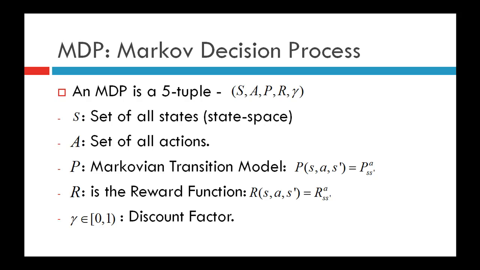R is a reward function whose components R(s, a, s') give the immediate reward received by the agent when it takes action a in state s and makes a transition to state s', and gamma is a discount factor.